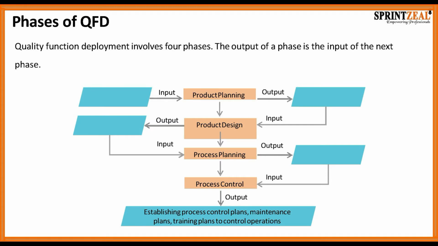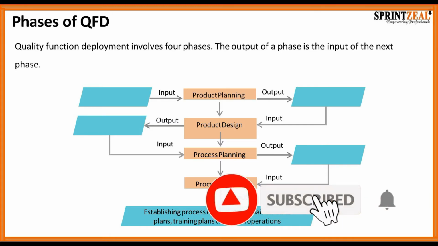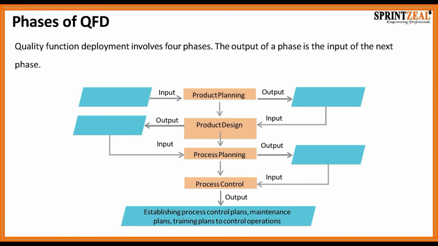The product design then has an output, which then becomes the input of process planning. And then that output becomes the input for process control. And then finally, the output from process control is really establishing process control plans, maintenance plans, and training plans to control operations.